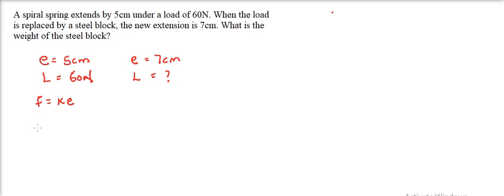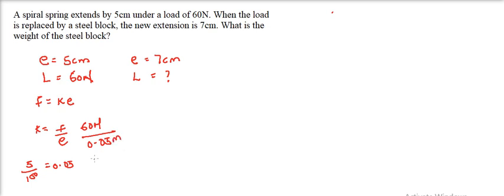So to solve for our force constant, K will be equal to F over E. The force or the load is 60 Newton over the extension. When you divide 5 by 100, that will give you 0.05, so we have 0.05 meters.